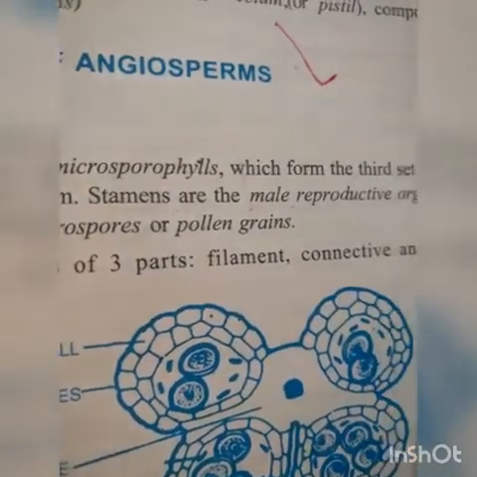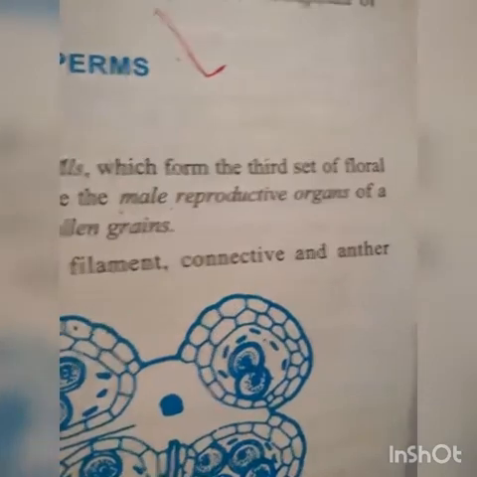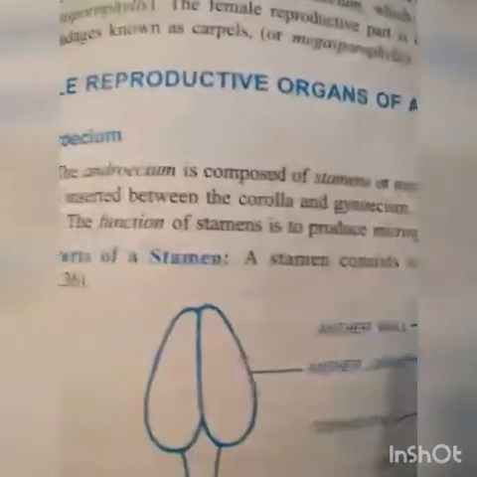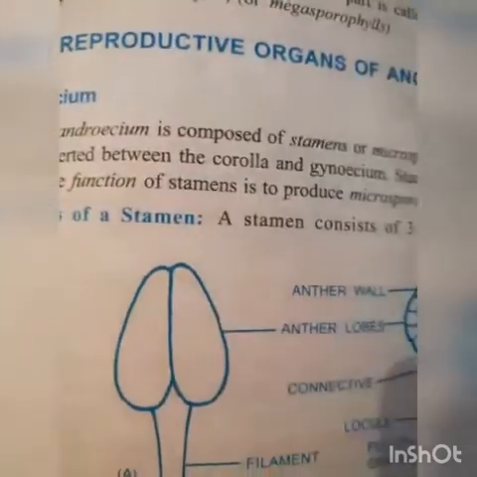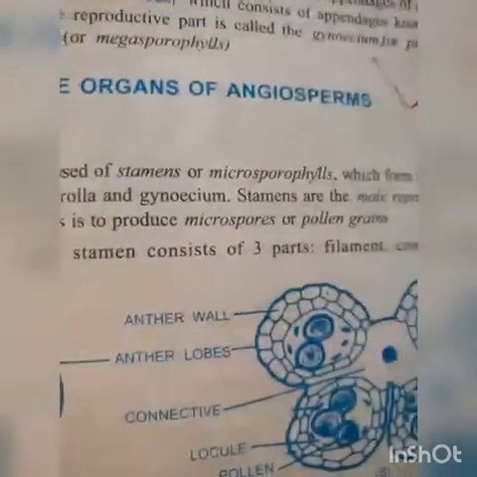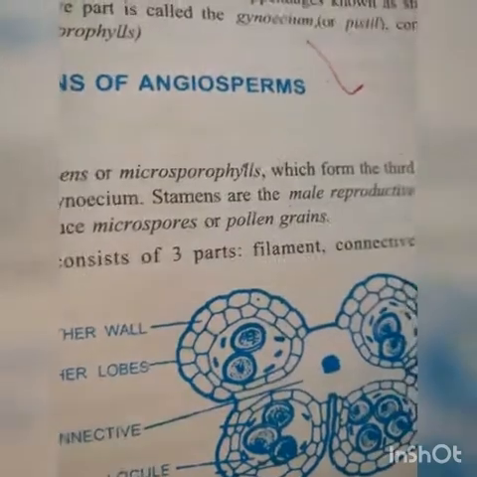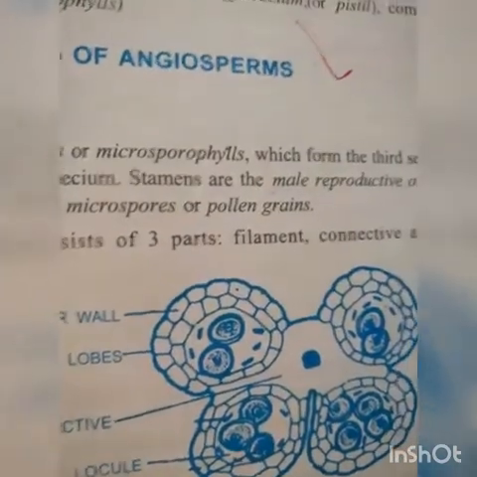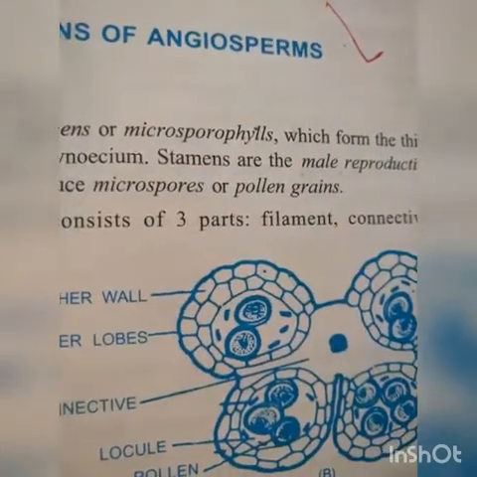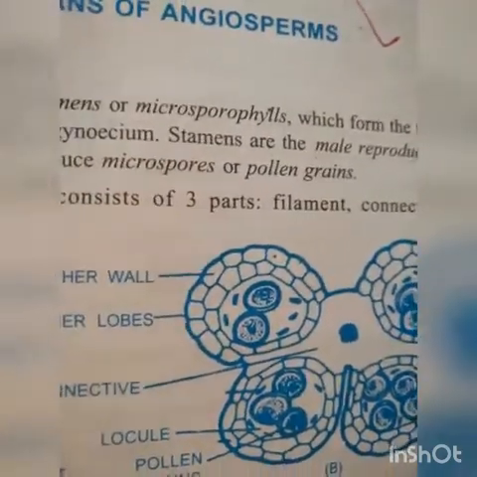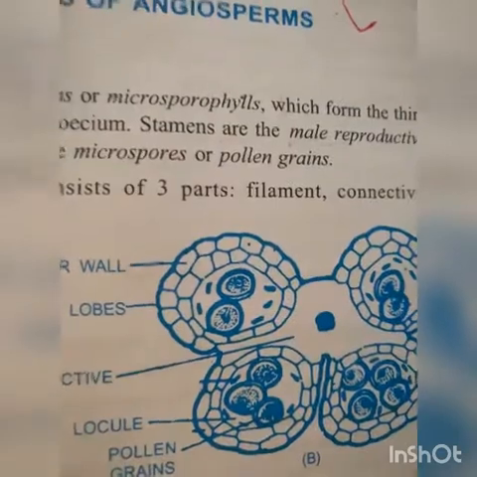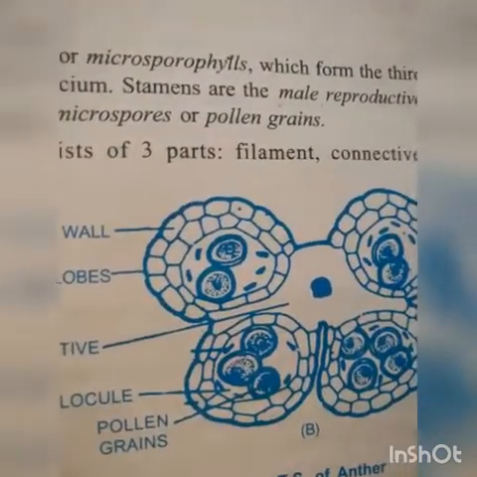Stamens are the male reproductive organ of a flower. The function of stamen is to produce microspores or pollen grains, meaning microspore or pollen grains are formed inside the anther or microsporangium or pollen chamber.